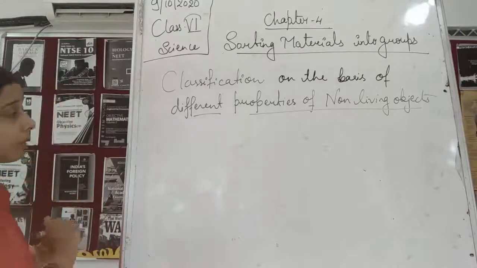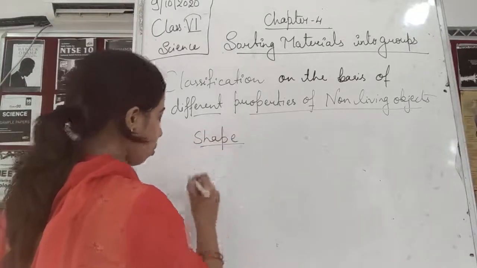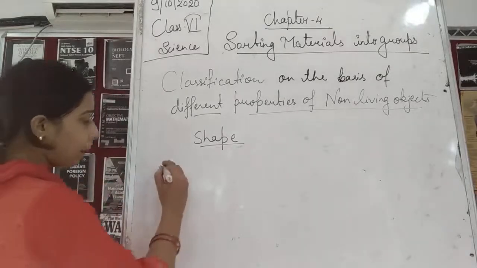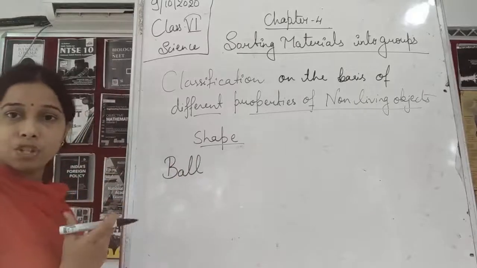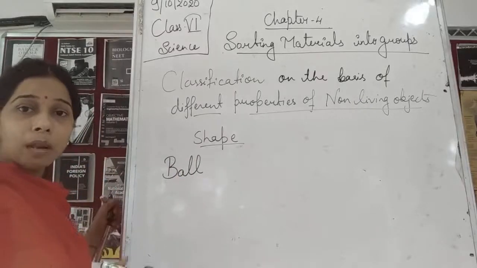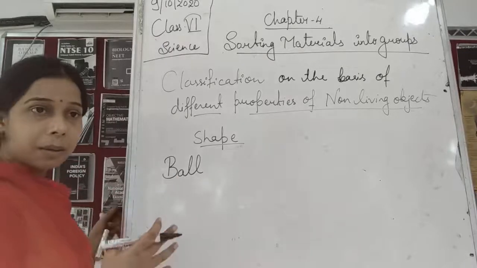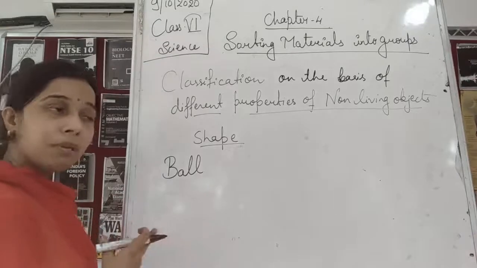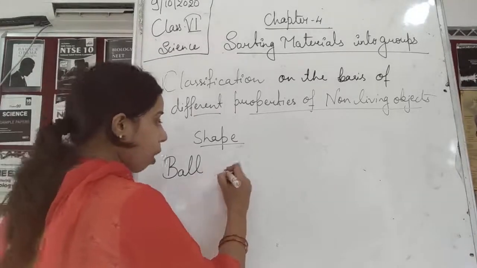So students, if we talk about a ball, balls are of a round shape. You have been given a ball as well as a tiffin, or bricks. Both of them have totally different shapes.